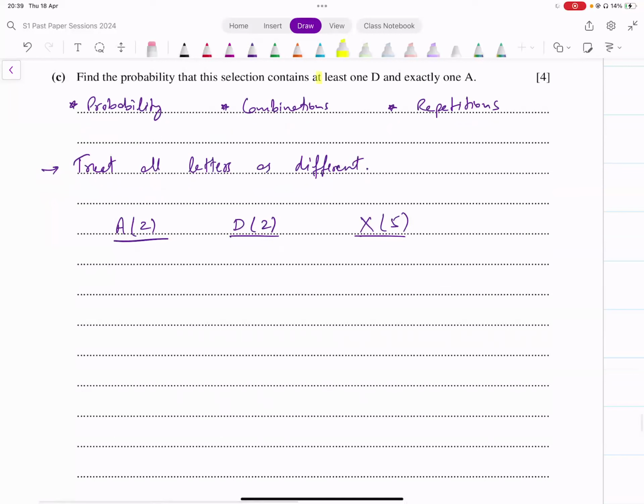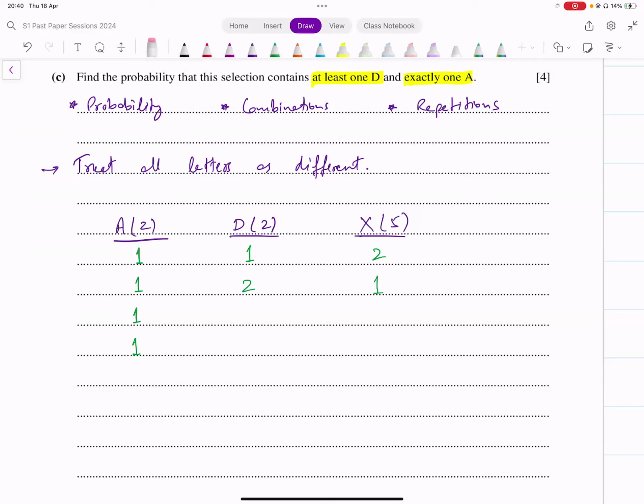What are the possible cases that you have here now that satisfy the condition? So you want at least 1 D and exactly 1 A. Let's consider all the possible cases now. There has to be 1 A, so A has to be 1 in all of those cases. What are the possibilities for D? You could have 1 D and then 2 remaining letters. You could have 2 Ds and 1 remaining letter.